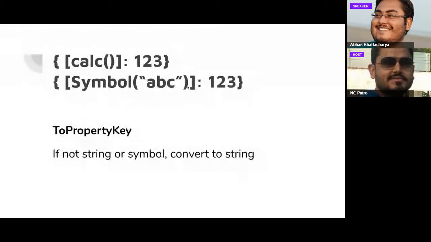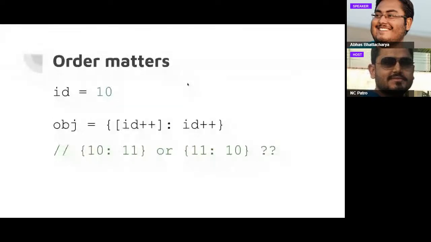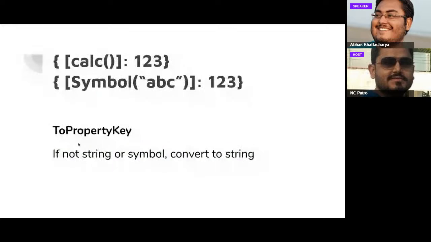This thing will get converted to a property key. What that means is that if it is a string or a symbol, then use that as the key. But if it is not a string or a symbol, maybe if I put a boolean value true, or if I put an object, then that will get converted to a string, and that string will be actually used as the key here.